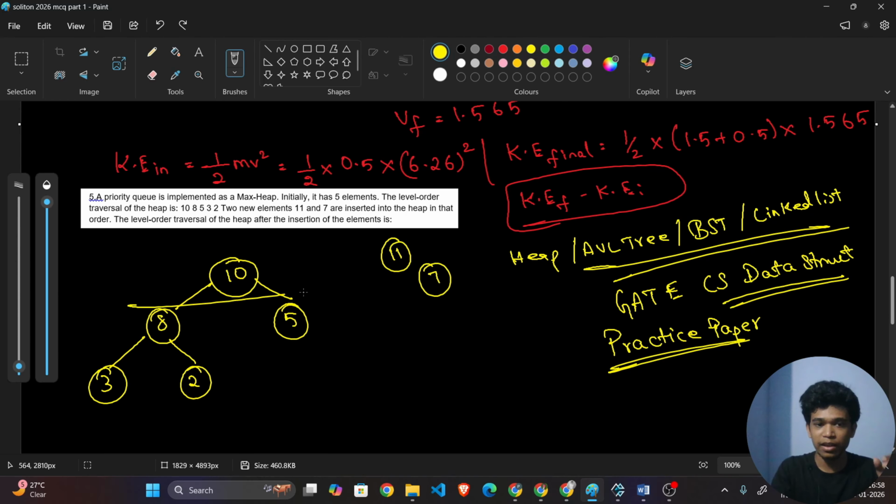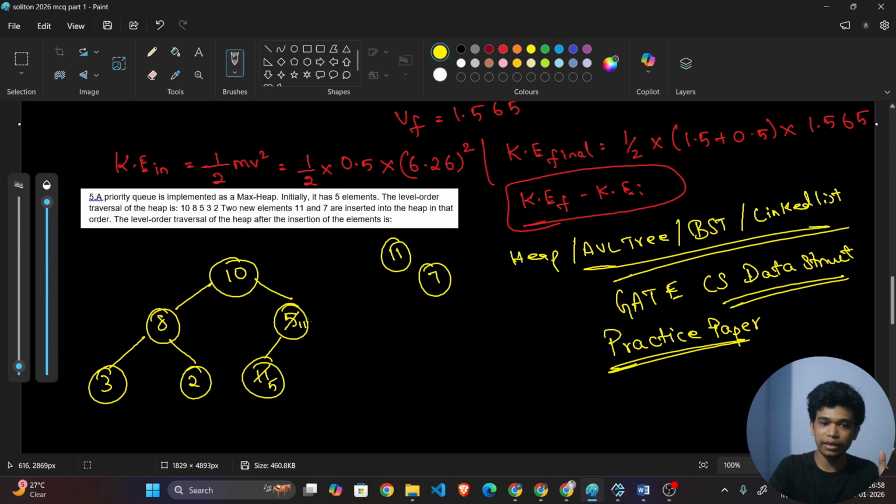In this level it is filled, in this level it is filled, in this level it is not filled. So go to this level and fill it from left to right. So fill 11 here. Now check whether 5 is greater than 11. No, which means you want to swap it. So here comes 5 and here comes 11.